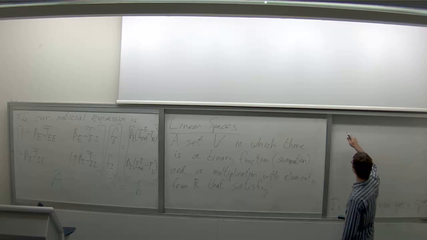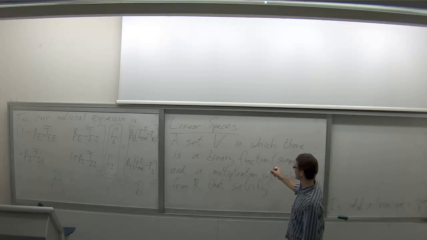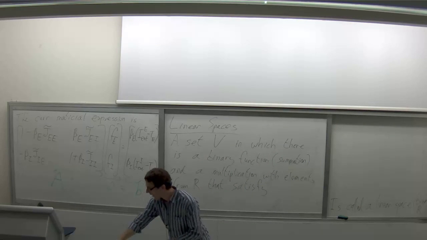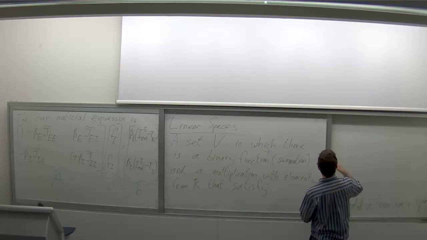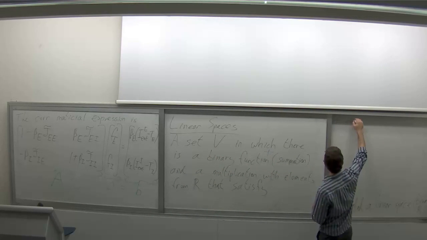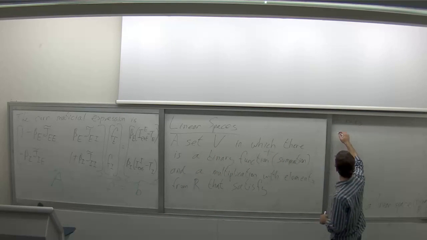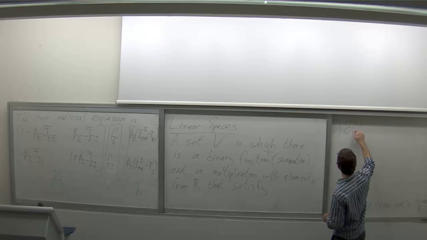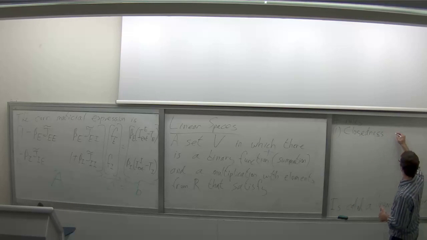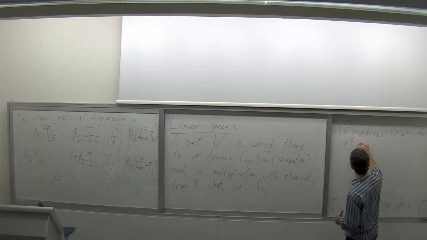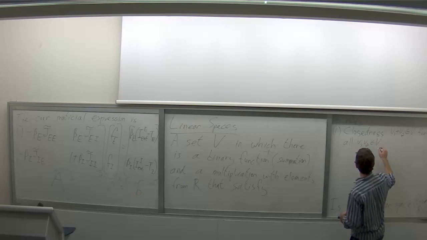So I have rules for the function, I'm going to denote it by plus. Okay, so the plus rules. Okay, so one is closedness. V1 plus V2 has to be in V for all V1 and V2 in V. Okay?